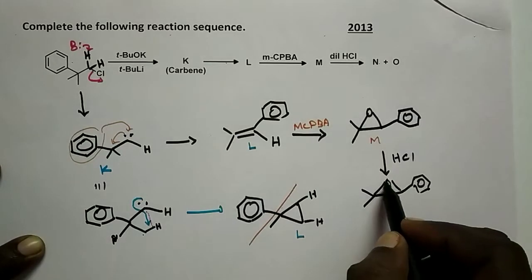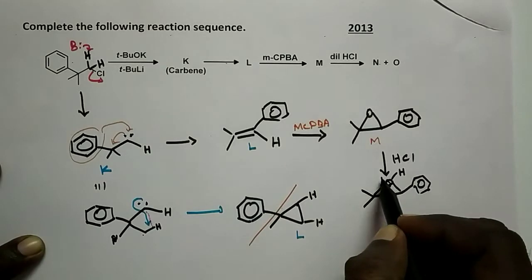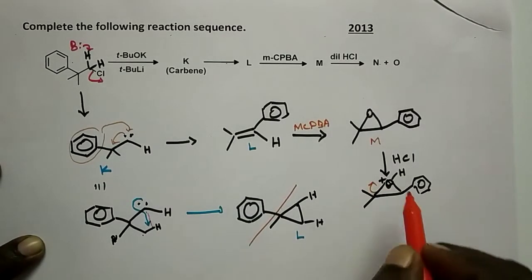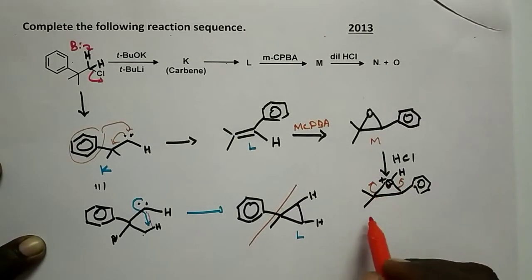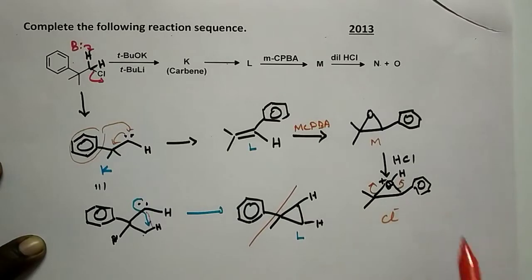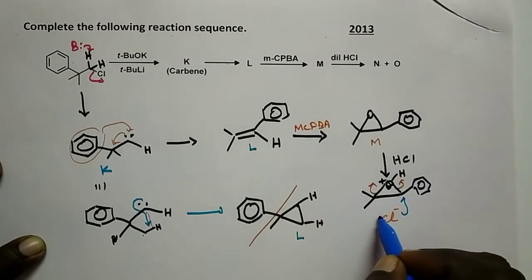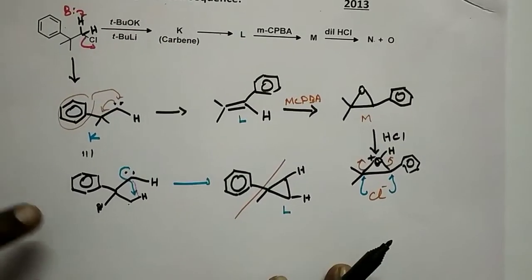If it attacks, you get a positive charge on the oxygen. So bond breakage can take place on two sides. If this bond breaks, the chlorine can attack, Cl minus. The Cl minus is the nucleophile. It can attack here or here. So let me write both the products.